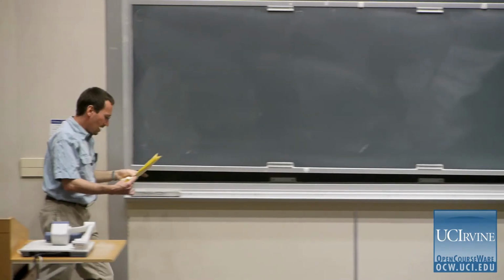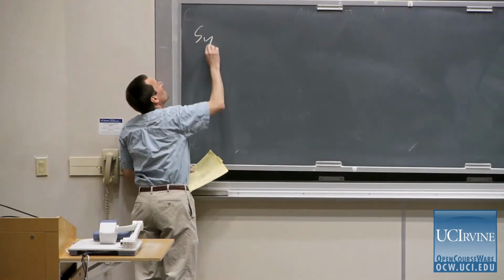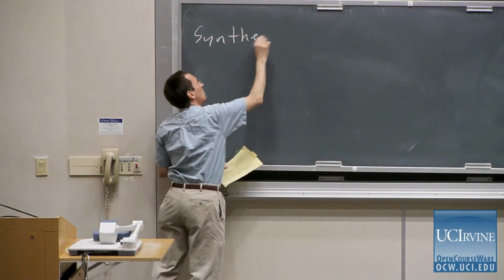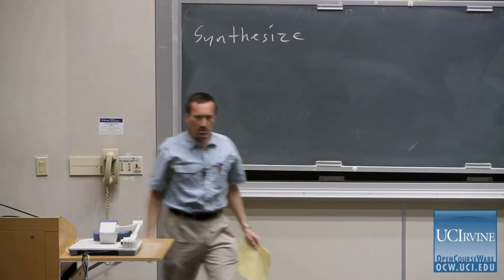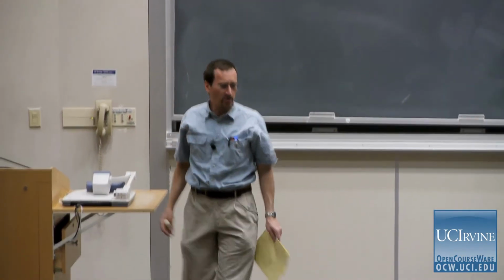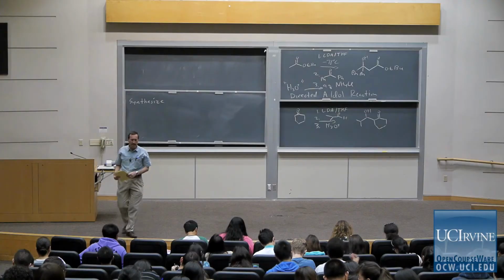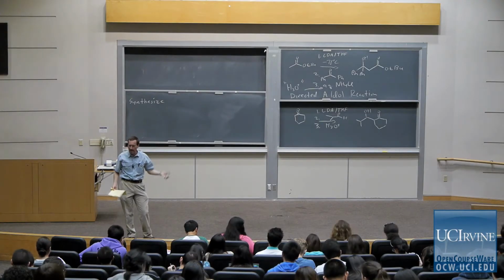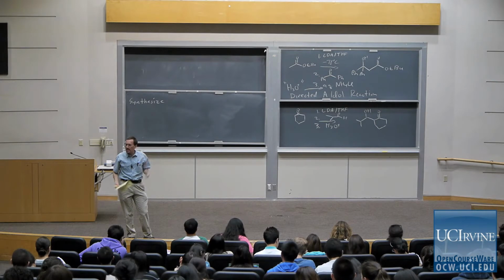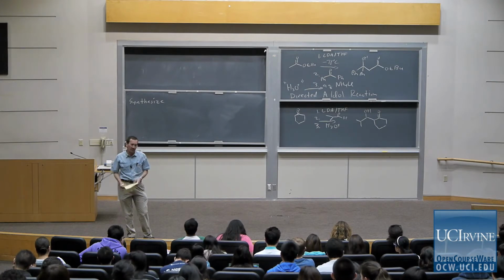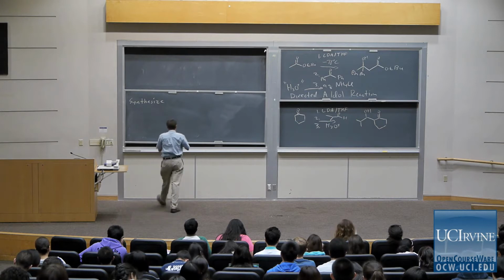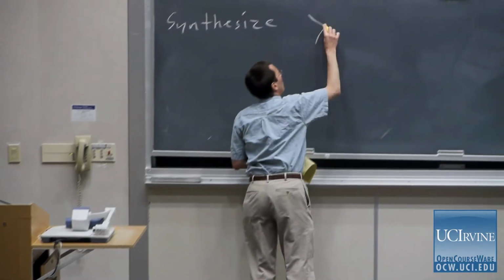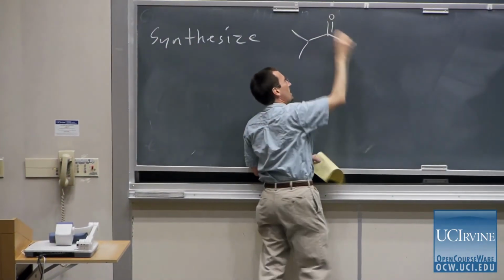All right. So this is exactly the sort of thing that students in organic chemistry and research encounter all the time. They're making a complex molecule like a natural product, and they need to make it from stuff you can buy. And so I'm going to phrase this as synthesize, and I'll draw out the compound here rather than naming it.